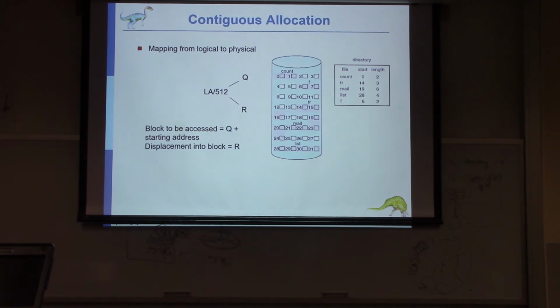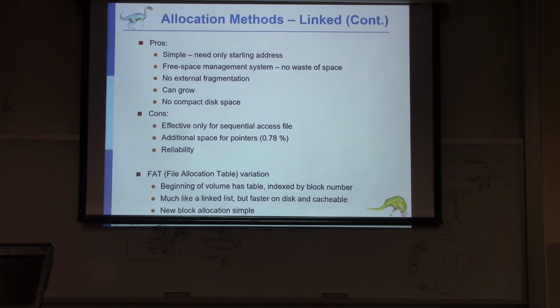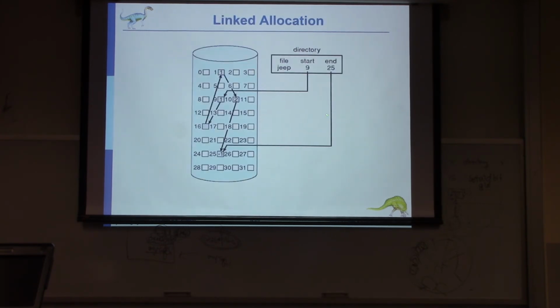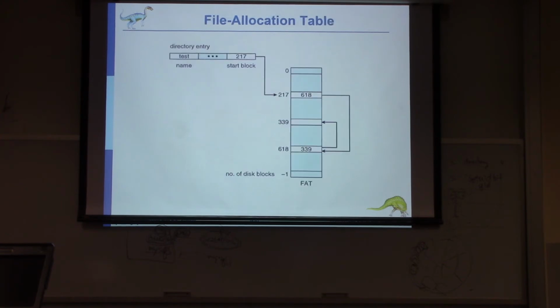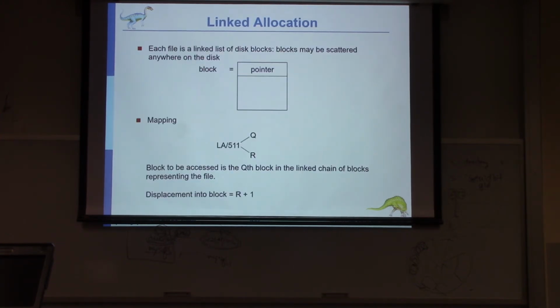We can directly go to the data and read it. That is contiguous. But obviously, with linked allocation, we need to read always from the beginning. Otherwise, we don't know where the next one, the middle one, is located. The problem: less utilization also, displacement in the block, always R plus 1.